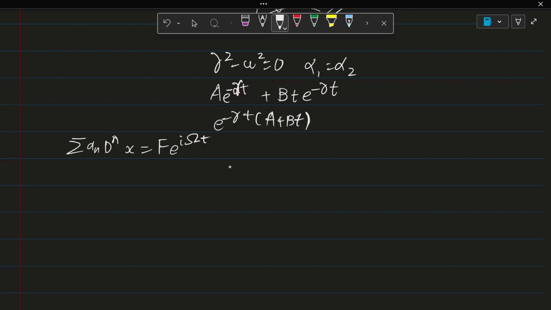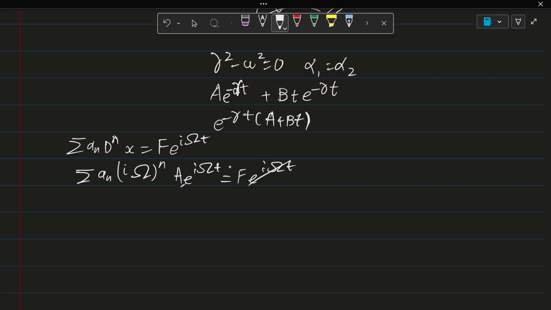the e to the power i omega t will later destroy itself. So what you would have is a constant f, which is very useful for you to know. So you could just take this as something like this: a_n times (i omega)^n of a e to the power i omega t equals f e to the power i omega t.